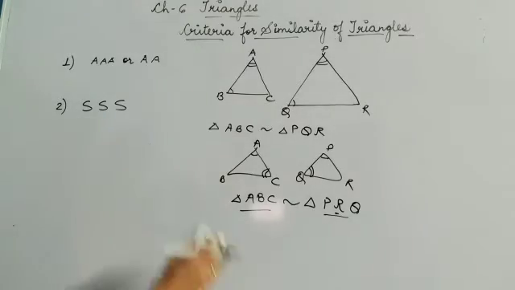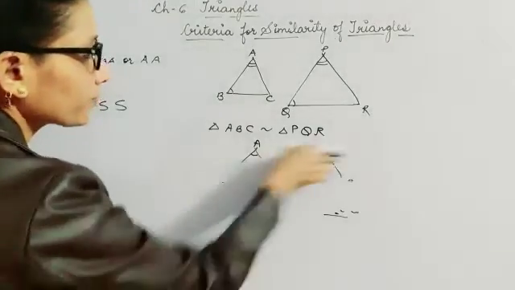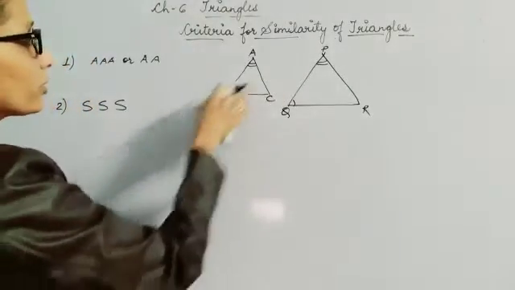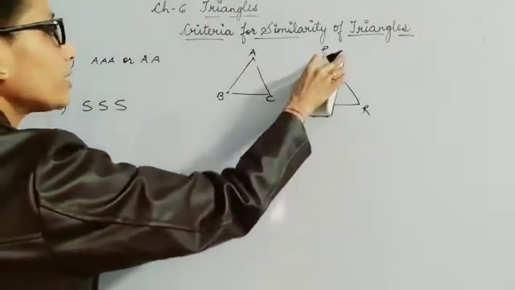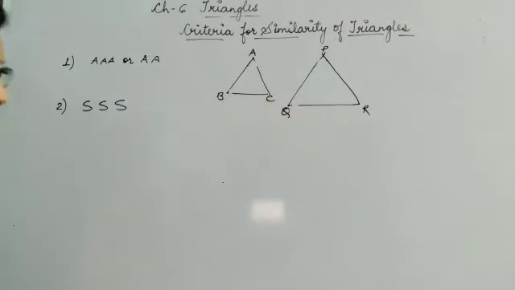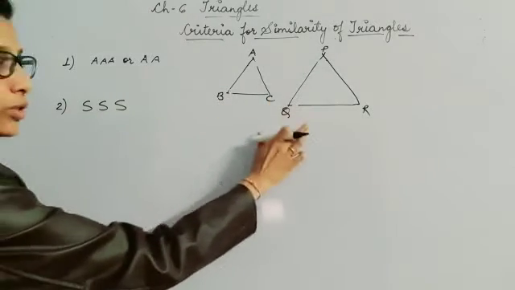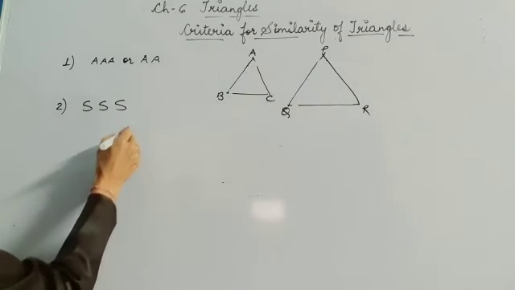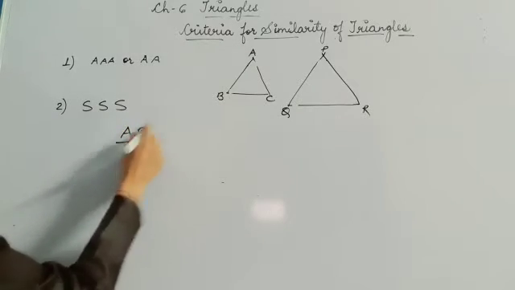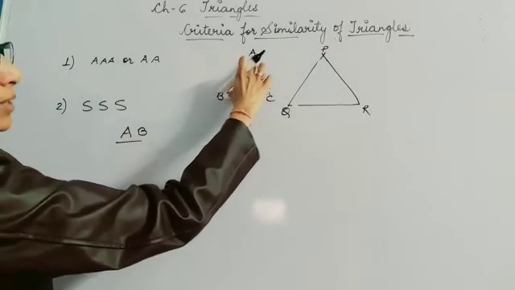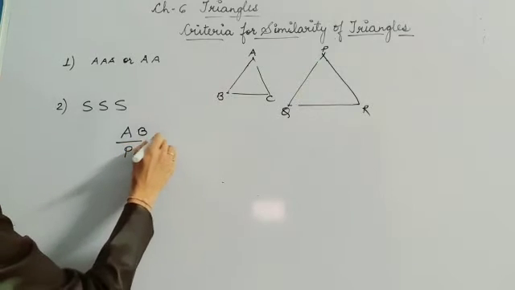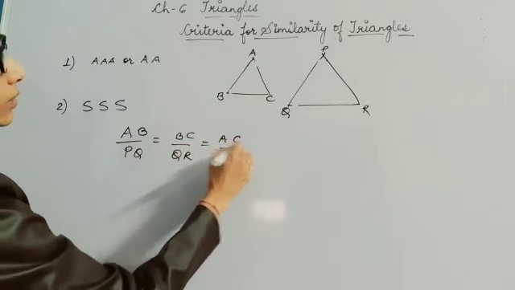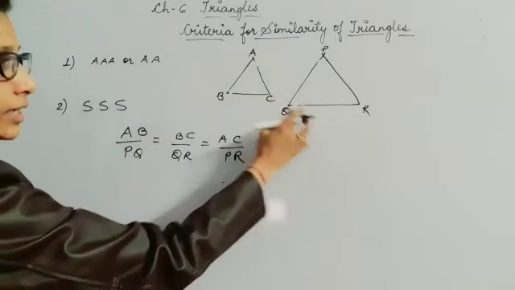Alright, let's suppose I am taking this triangle ABC and PQR. Now if these two triangles are there and I want to prove them similar, and if I prove that AB upon PQ is equal to BC upon QR is equal to AC upon PR, then I can say these two triangles are similar.